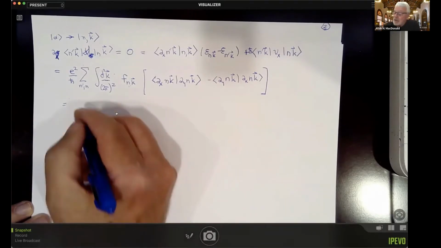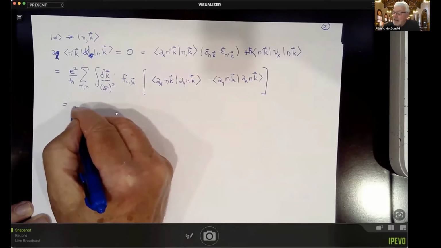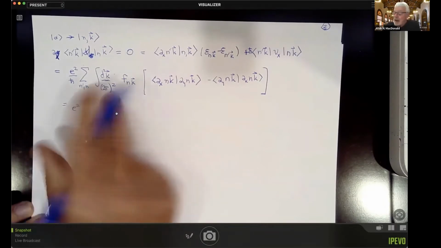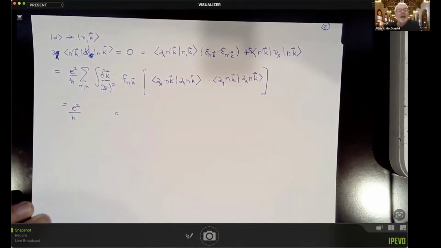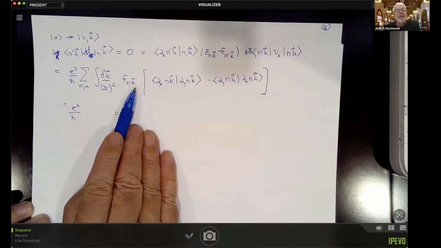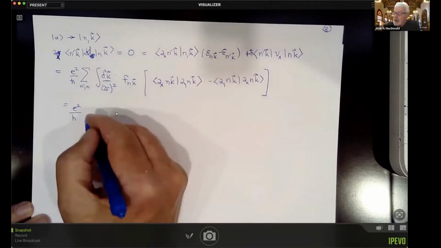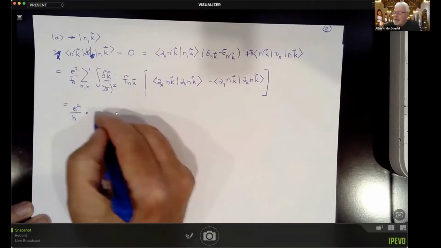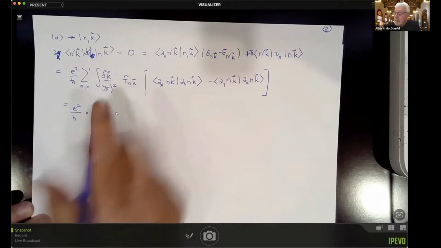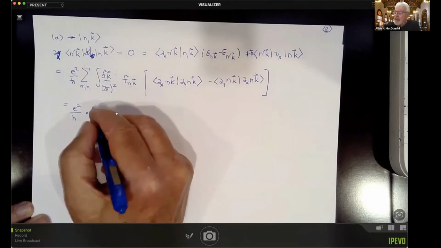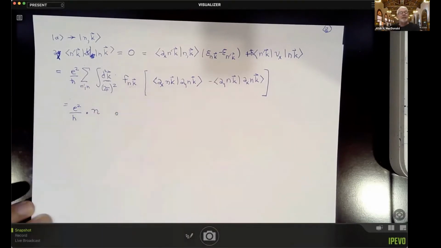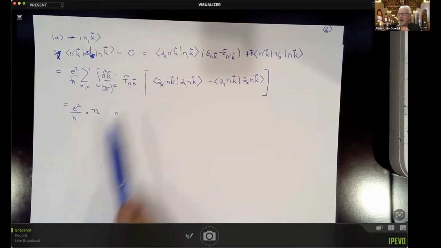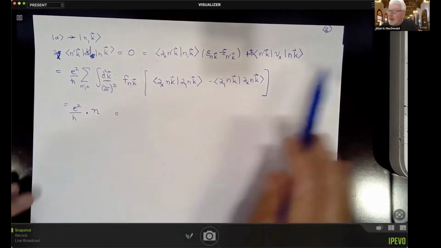And in the end, what you get is e squared, absorbing one of these 2 pi's into h bar to make it e squared over h. And what you're left with in the end is just the Berry phase that's associated with integrating the wave function around the Brillouin zone, which must be 2 pi times an integer, and that 2 pi absorbs the other 2 pi.